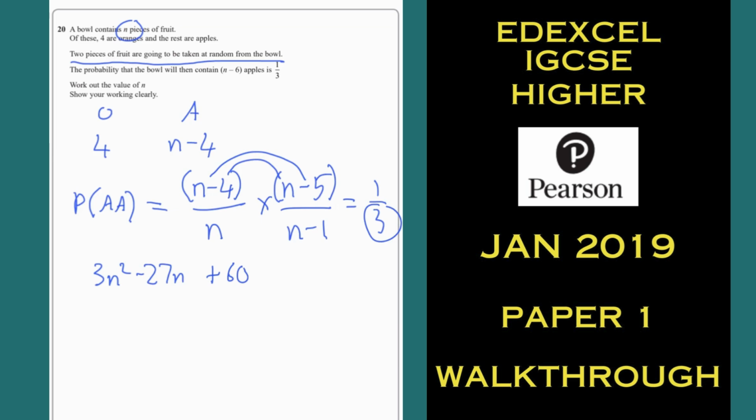And I'm also going to multiply both sides by n minus 1. And to solve this kind of thing, we want it equal to 0. So we're going to subtract n squared from both sides. We're going to add an n to both sides.